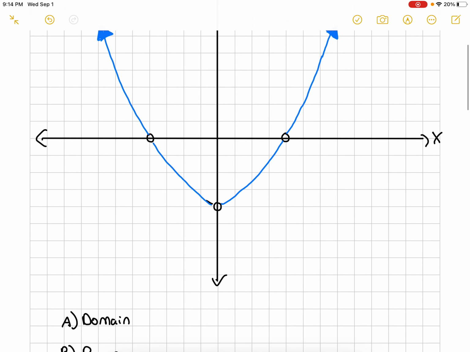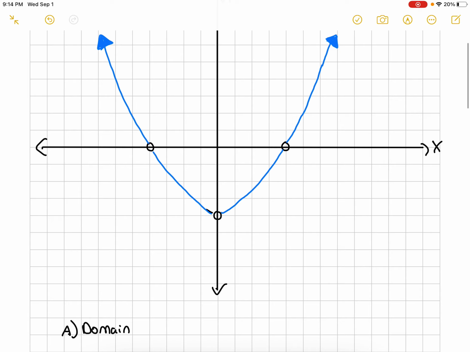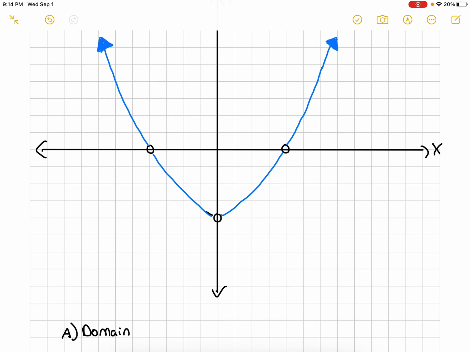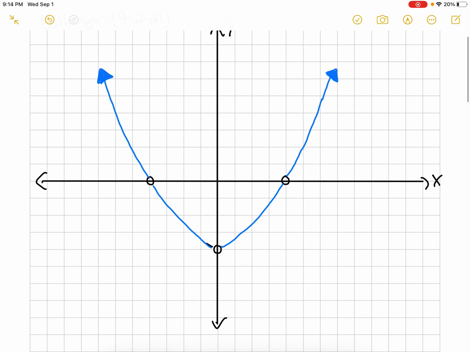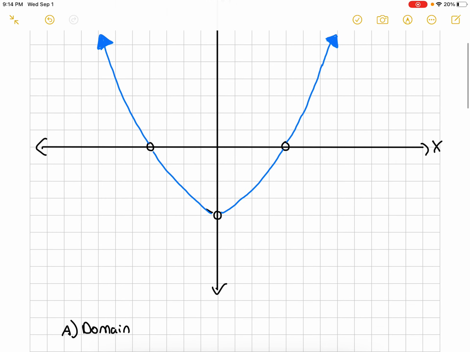So let's do the domain first. Domain, that is all possible x values on this function. And we're going to go from left to right. So coming from the left, we're going to come from negative infinity. And we are going to stop at the x value of -4 because there's a hole there and it's not included.